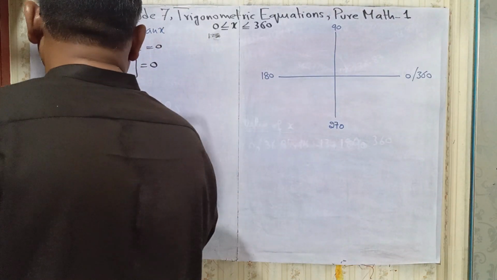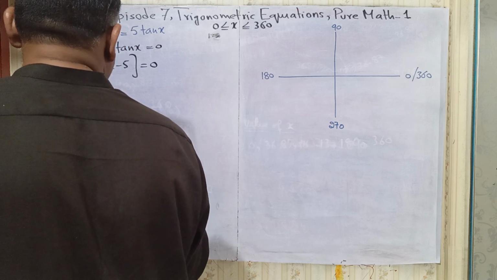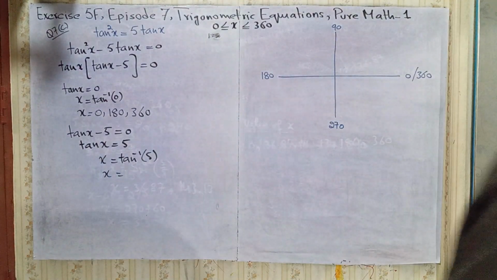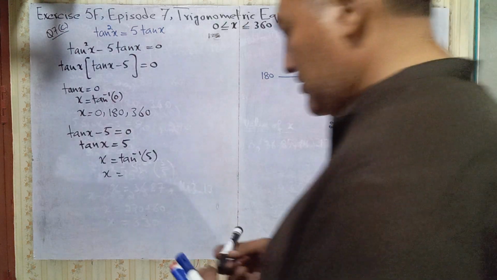So my x will be equal to the tan inverse of 5. Calculator must be set in degrees. So shift tan bracket 5 bracket close equal. It's 78.69, 78.7.